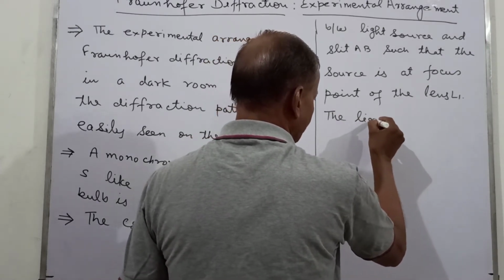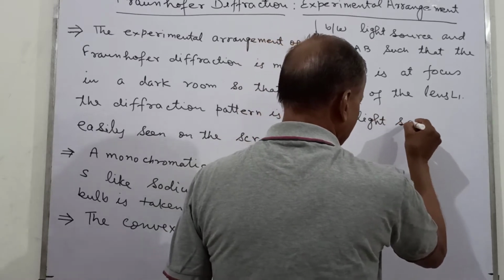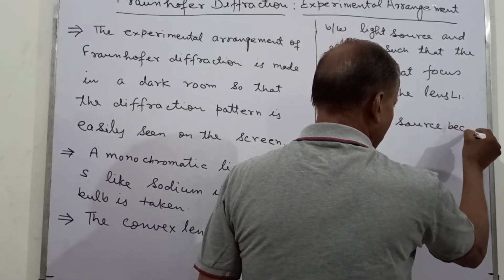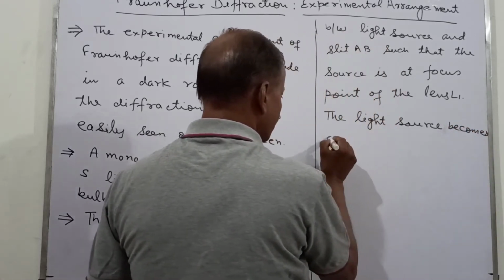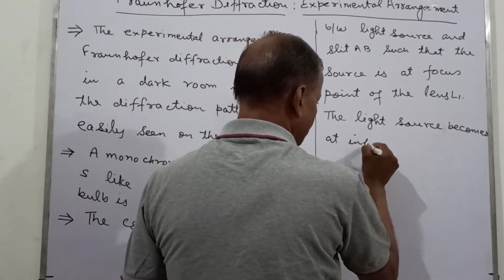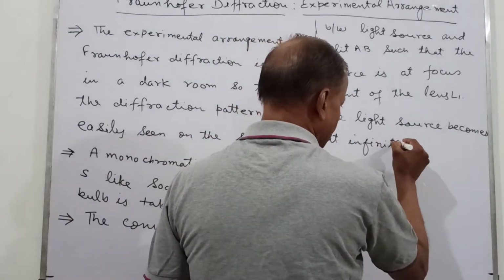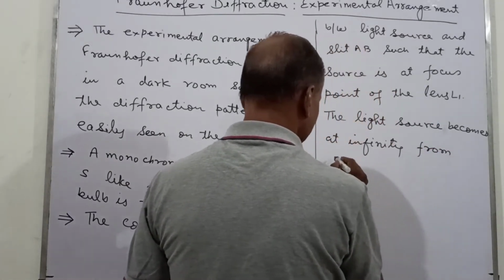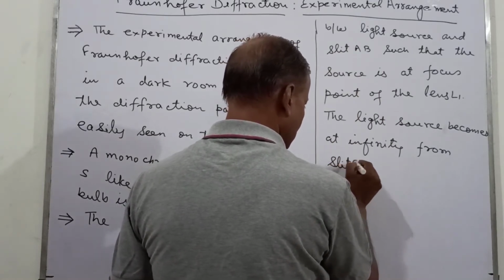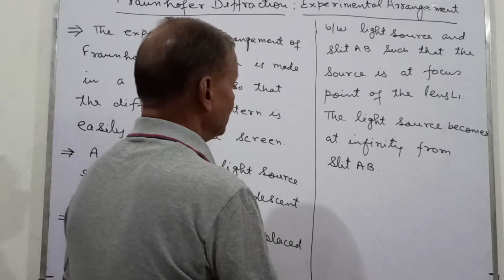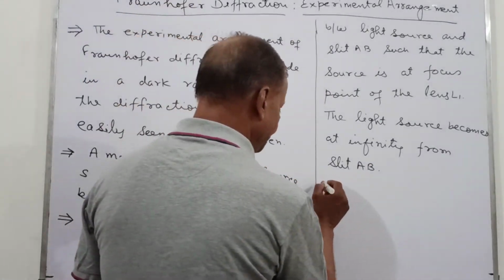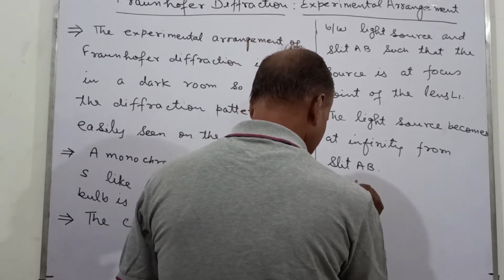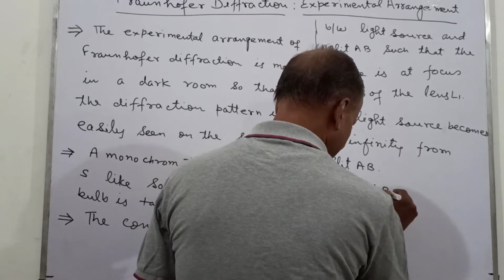The light source becomes at infinity from slit AB.